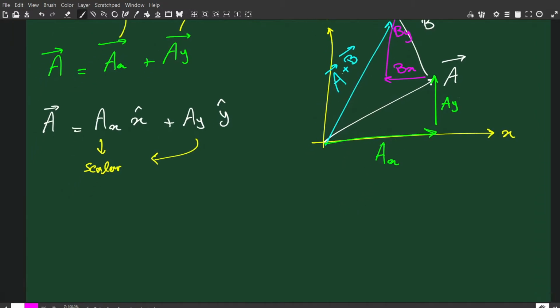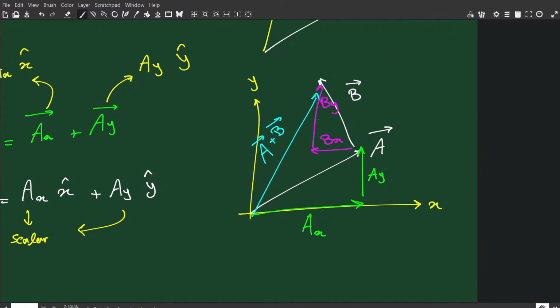So if you want to describe a plus b with this one, you can write its x-axis like this: a plus b is equal to its x-axis as ax plus bx. Here bx is negative because it's in the opposite direction of the x-axis.